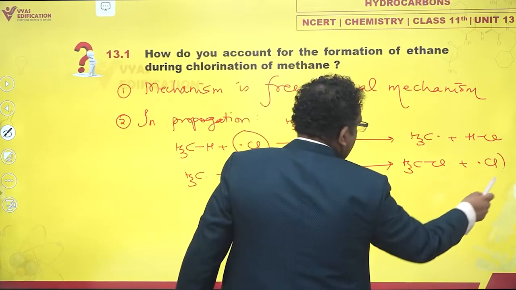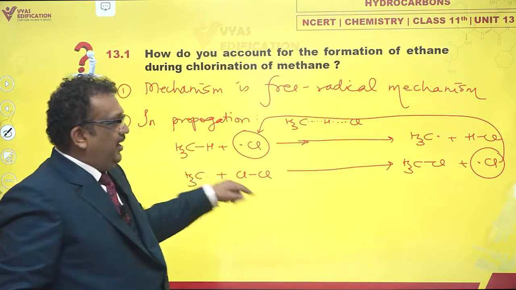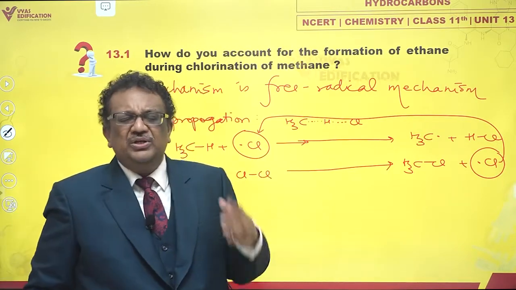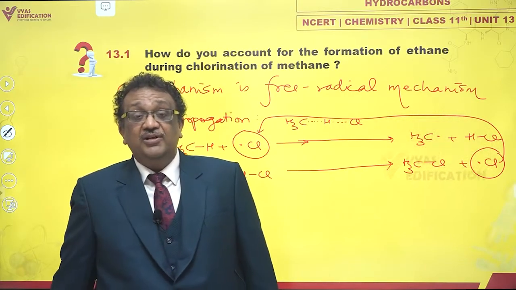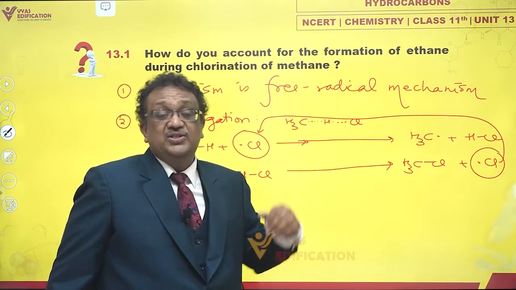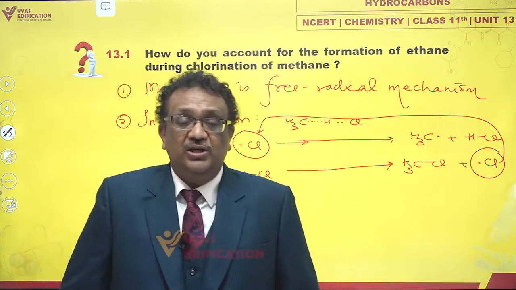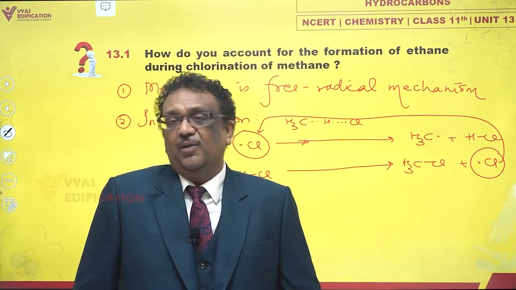So this Cl can again go back here with another methane, and hundreds and thousands of molecules are actually converted before a Cl radical actually gets exhausted or terminated, which is again the third step and the last step of radical mechanism.